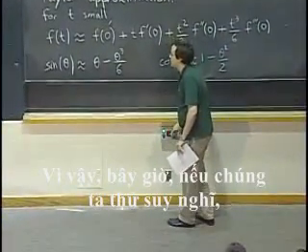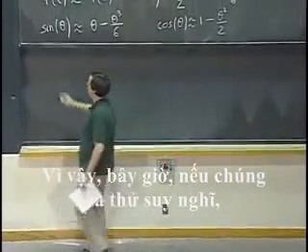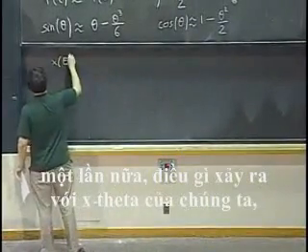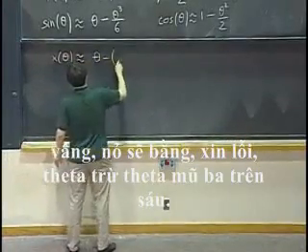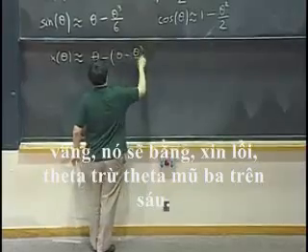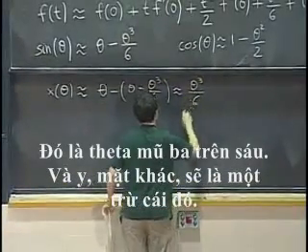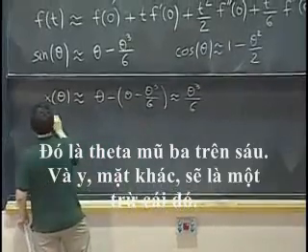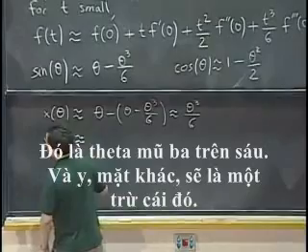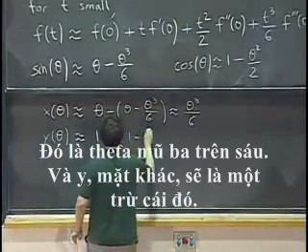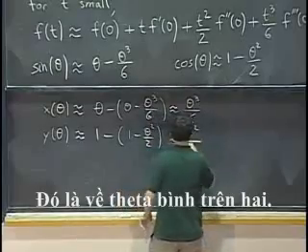Now if we try to figure out again what happens to our x of theta, that will be theta minus theta cubed over 6, so that's about theta cubed over 6. And y, on the other hand, is 1 minus that, which is about theta squared over 2.